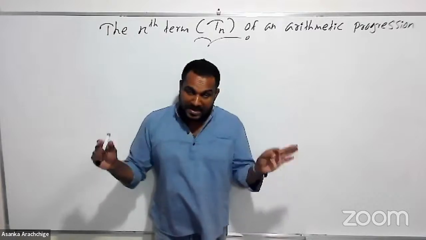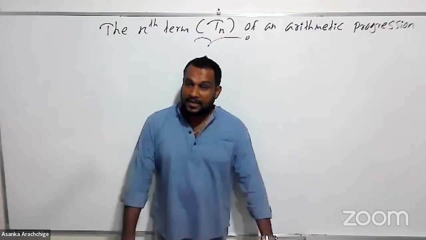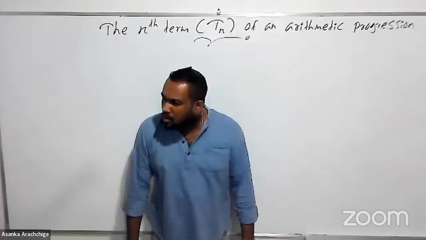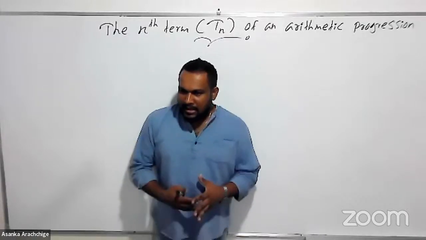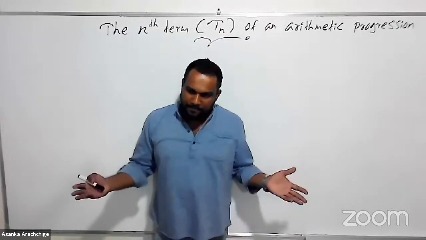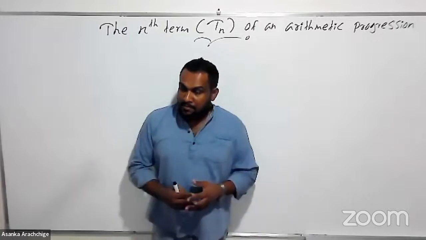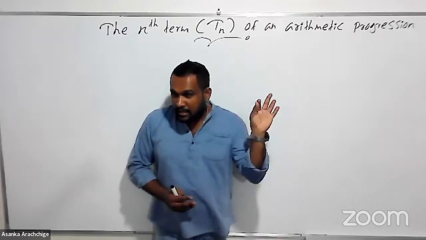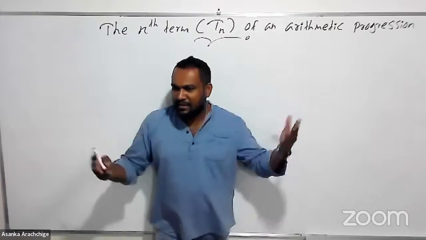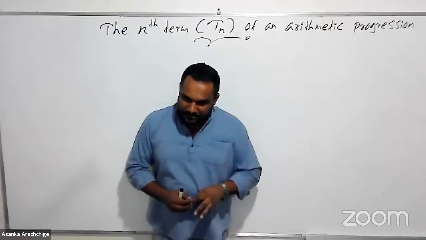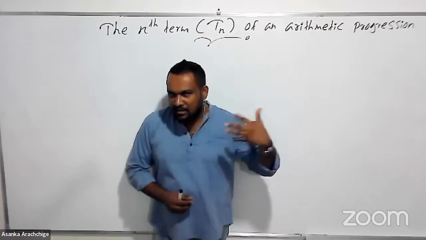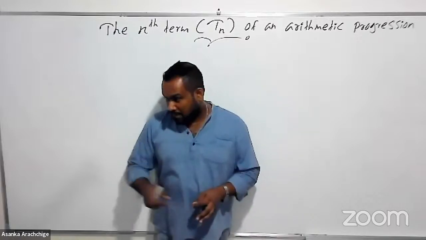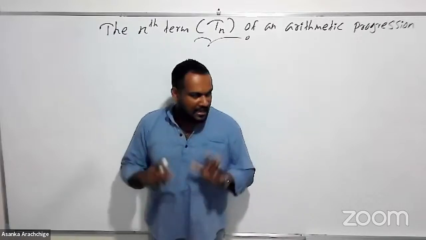For any term in an arithmetic progression, when we know the position, then we can find the relevant term by using that nth term, right?